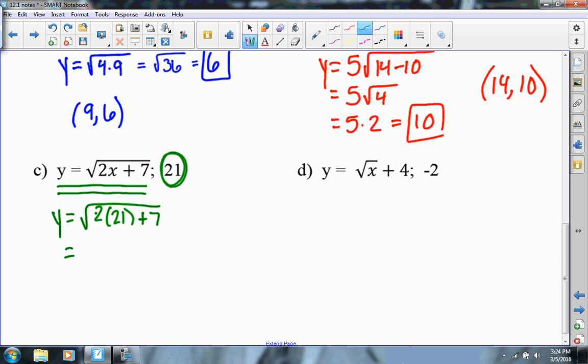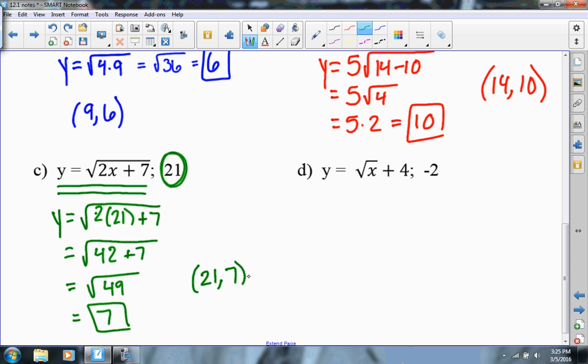So now I have to do 2 times 21, so that's going to be 42, plus 7, and 42 plus 7 will be 49, and the square root of 49 is 7. So again, the ordered pair 21, 7 would be a value on that square root function.